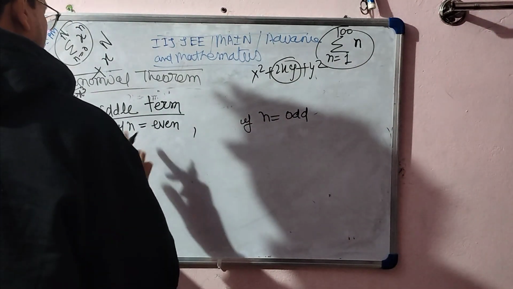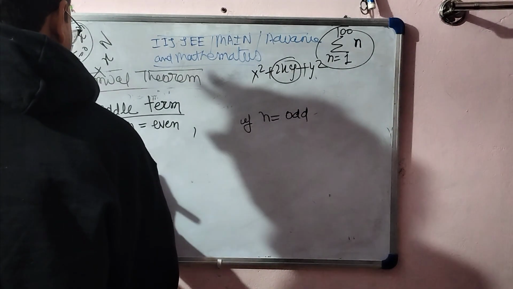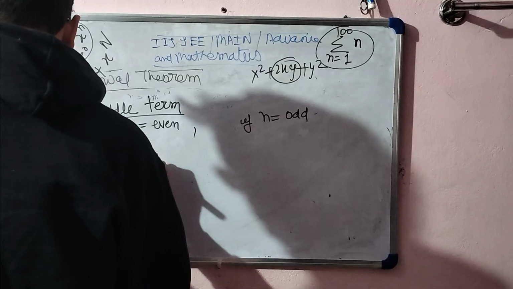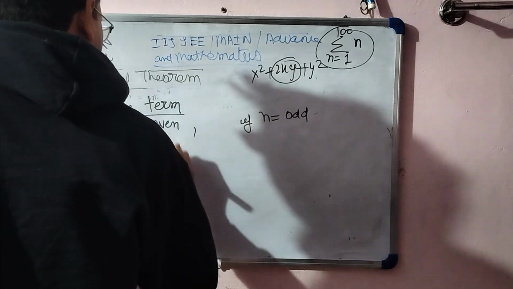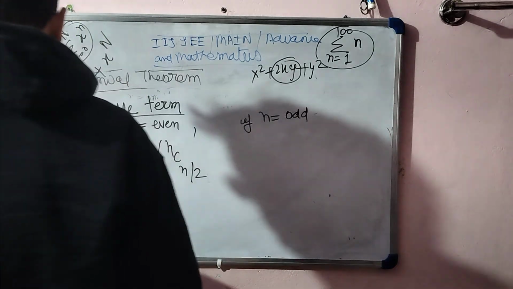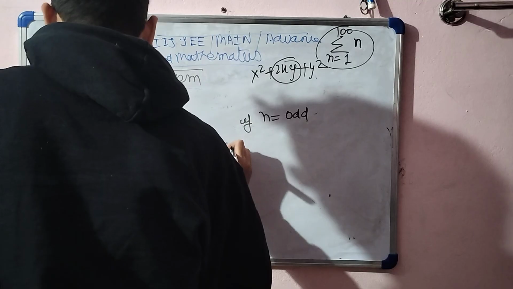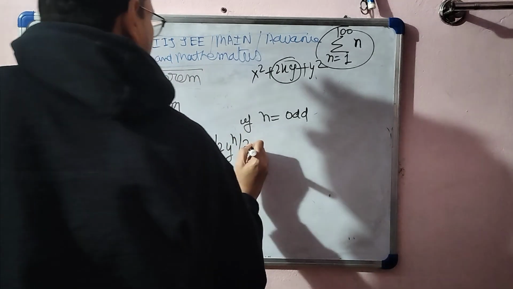If n equal to even, T(n/2 plus 1) equal to nC(n/2) x to the power n/2, y to the power n/2.